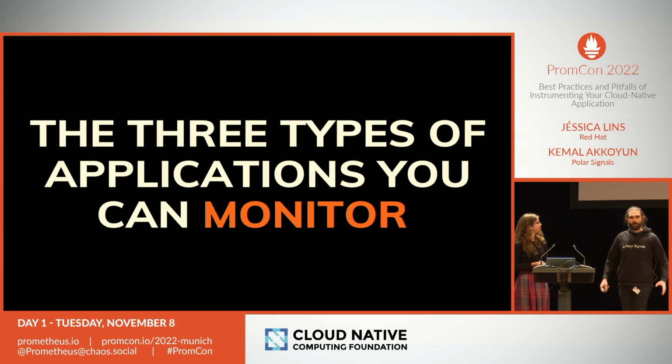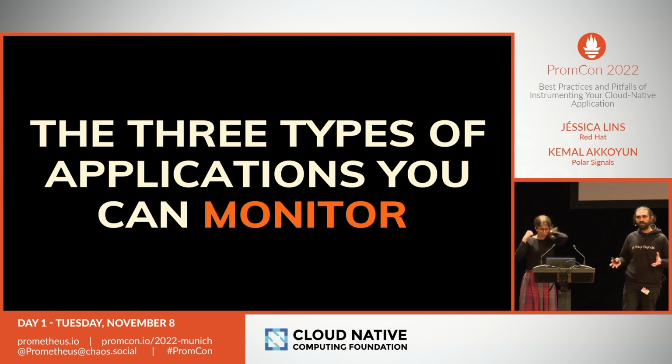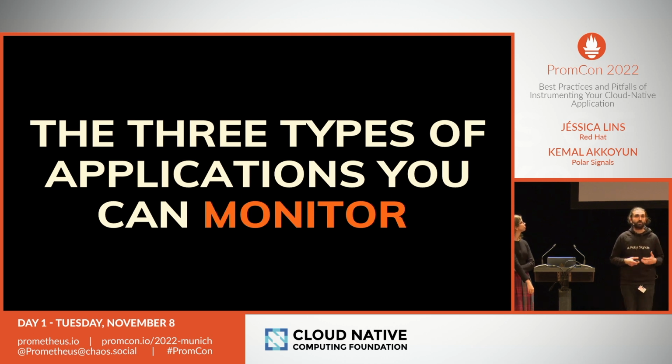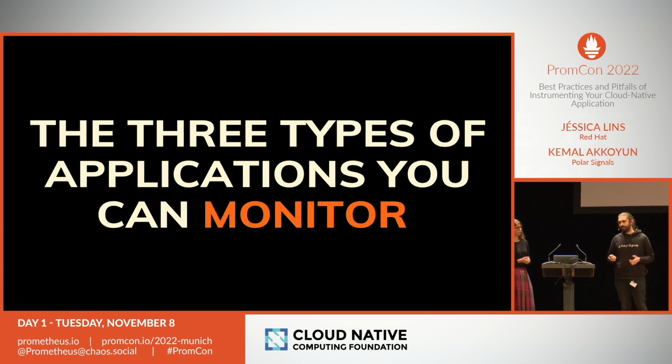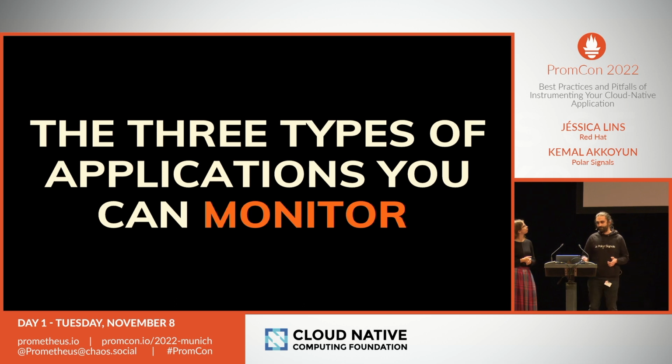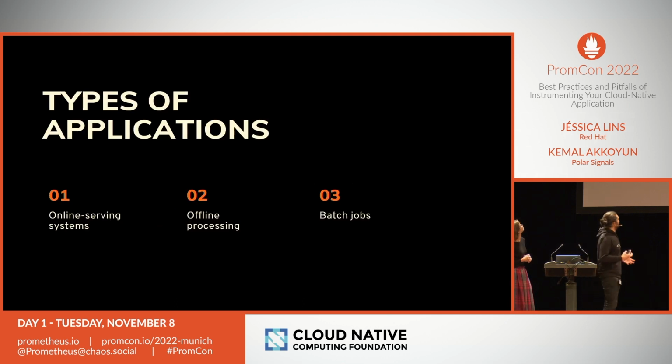Our talk title is about cloud-native applications, and we are going to categorize these applications into 3 types. This categorization actually comes from the Prometheus official documentation, as Bjorn put it, Holy Scripture. So these are online serving systems, offline processing systems, or batch jobs.